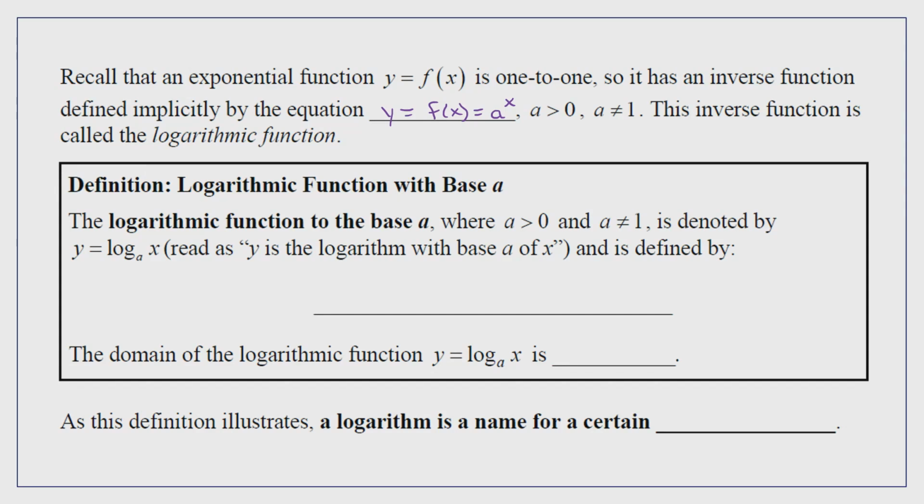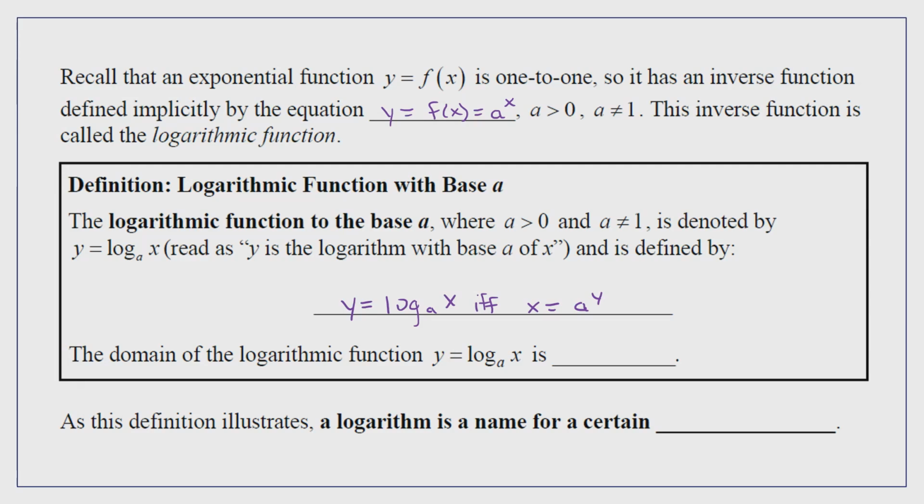Let's define now the logarithmic function with base a. The logarithmic function to the base a, where a is greater than 0 and a does not equal 1, is denoted by y is the logarithm with base a of x, and is defined by y equals the log base a of x if and only if x equals a to the power y.